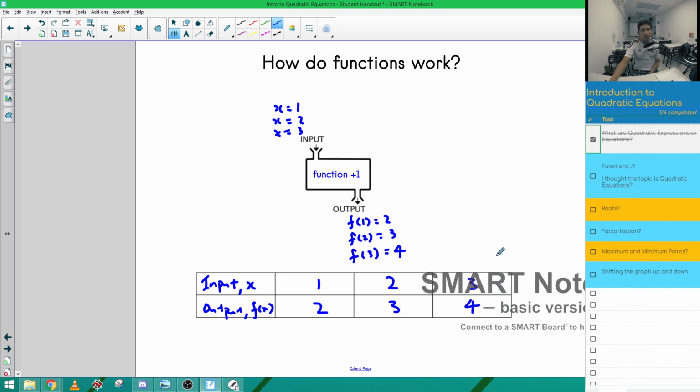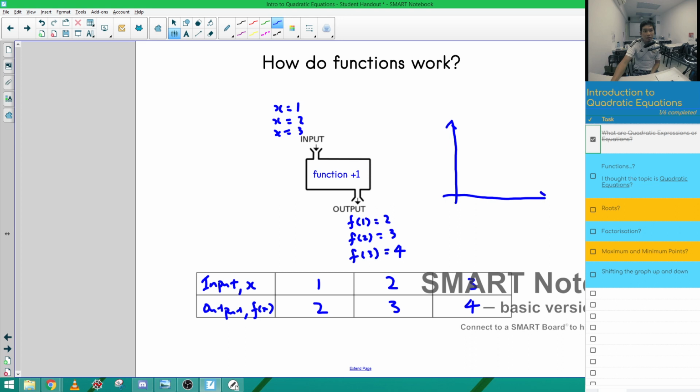Okay, good. And other than using a table, there's also something else that is a very good tool for us to look at all the different inputs and outputs at one glance. And you might have guessed it, that is the graph, right? Very good.